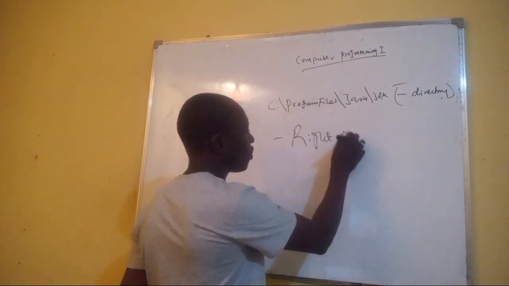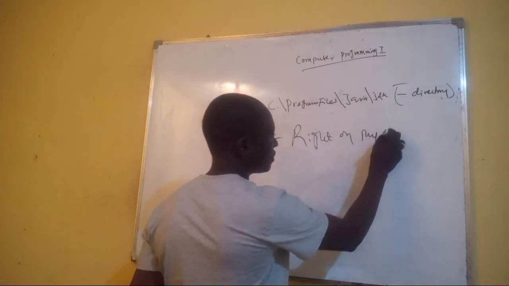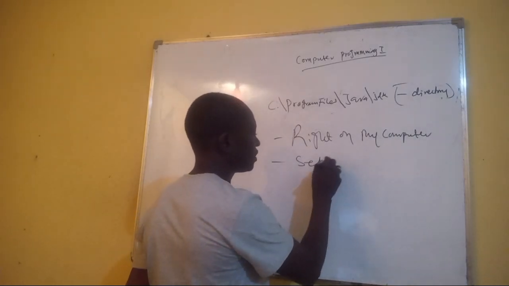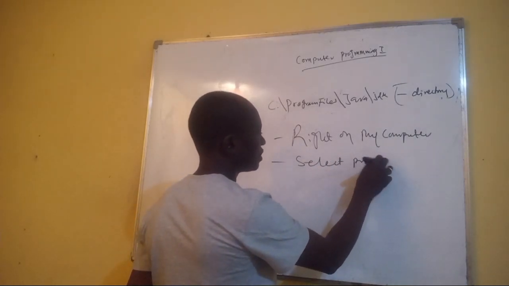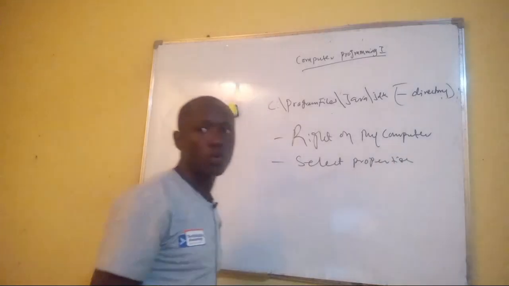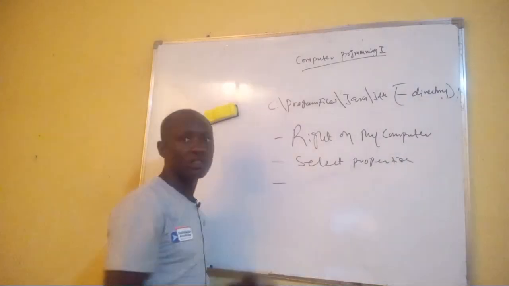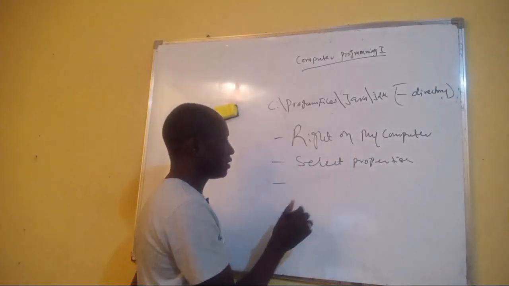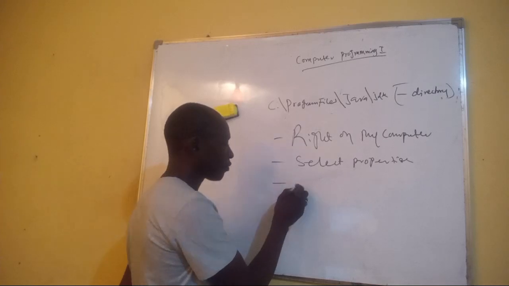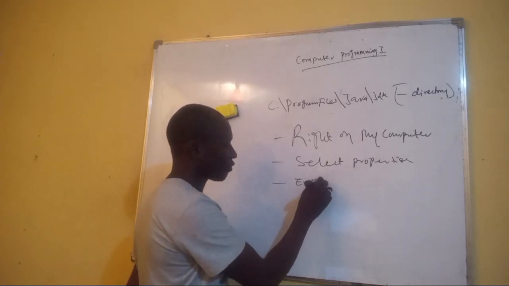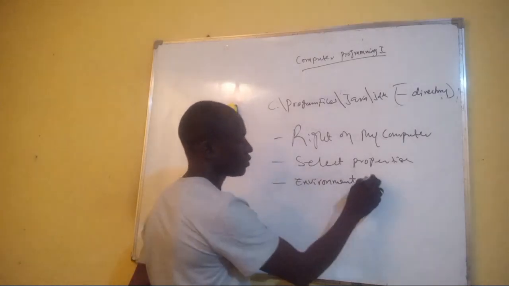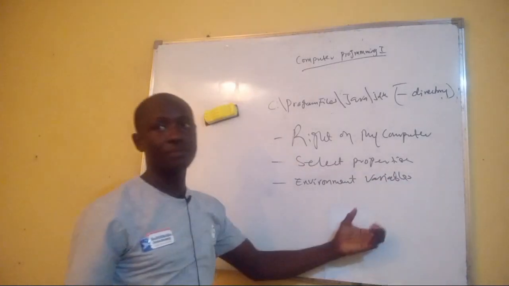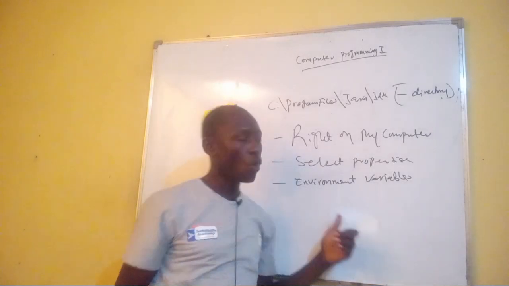You select properties, then you move to the environment variable button. Environment variable is a tab for variables. So you click on this button.